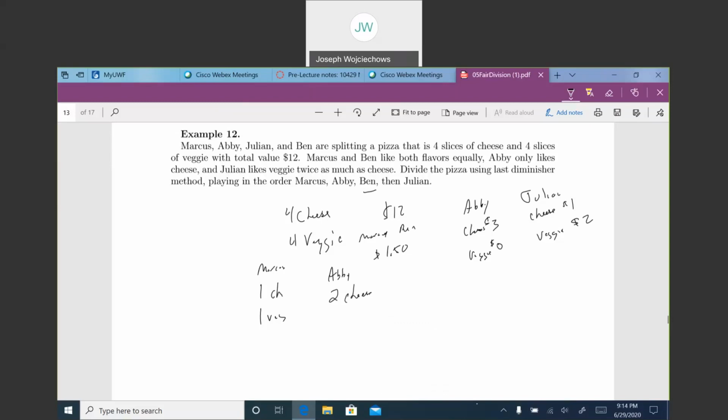Now Ben only thinks it's worth $3, so why cut back on it? And Julian thinks it's only worth $2, so he doesn't want it. So let's see, that leaves us 1 cheese. And it divides evenly. So why wouldn't he just take 1 cheese and 1 veggie?